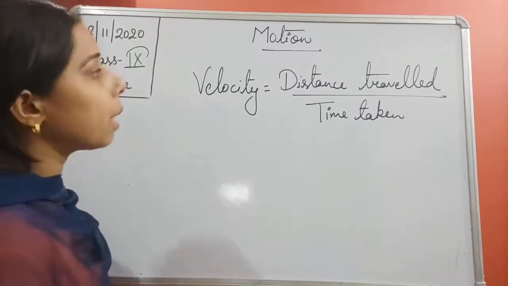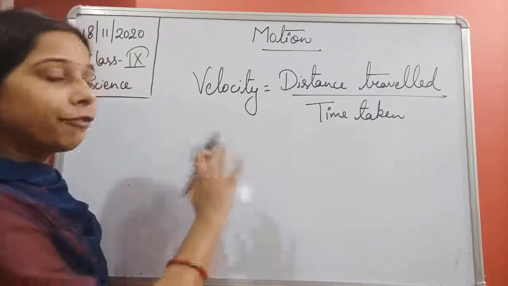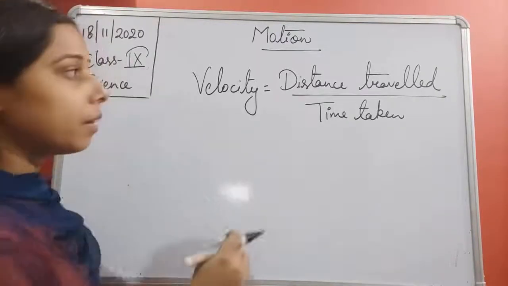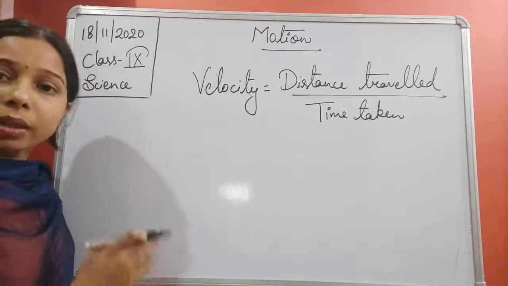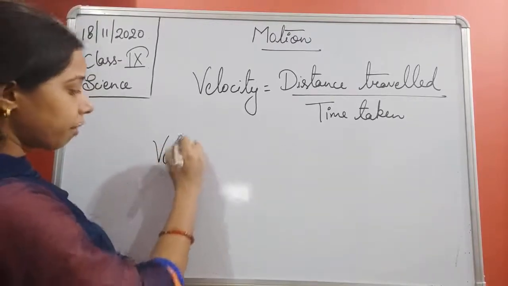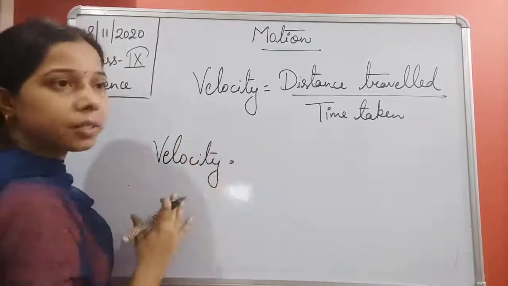So if we talk about velocity, students, the formula is the same, that is distance traveled upon the time taken. But the difference you will find from speed is that in case of velocity the direction is mentioned.